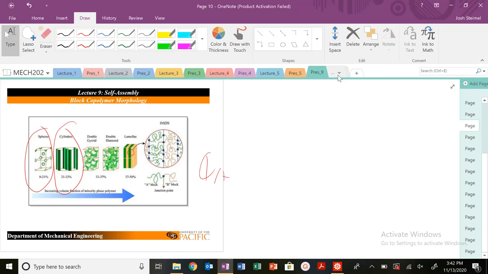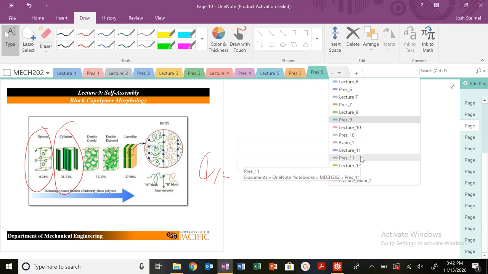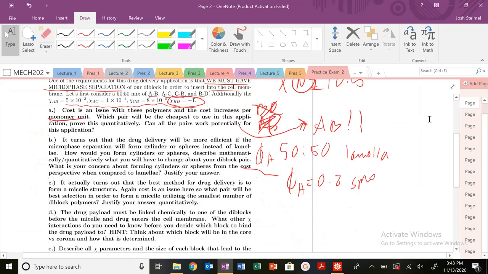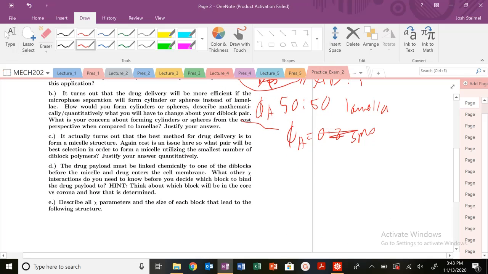I'm going to make it 10% just to be safe for spheres, so 0.1 for spheres, and phi A equal to 0.3 for cylinders. That's it.